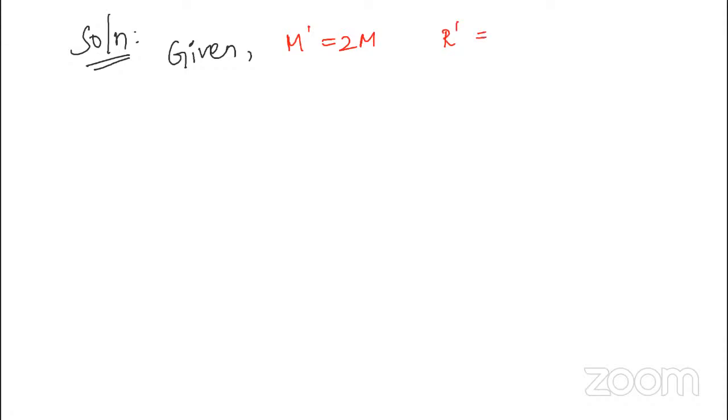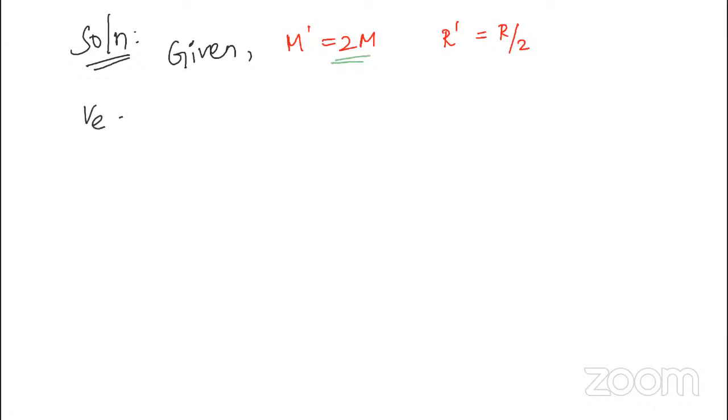Radius is reduced to half, so it is r by 2. M is increased twice, so it is 2M. The problem is related to VE, so we have to choose the second formula.